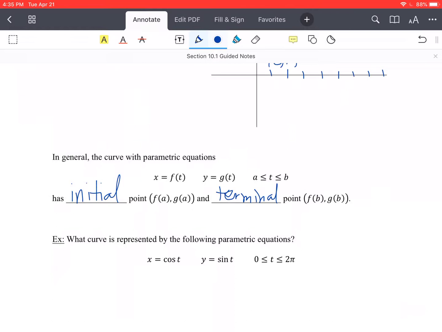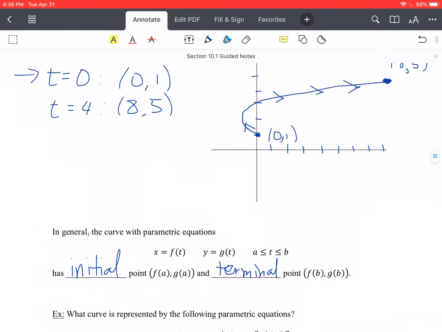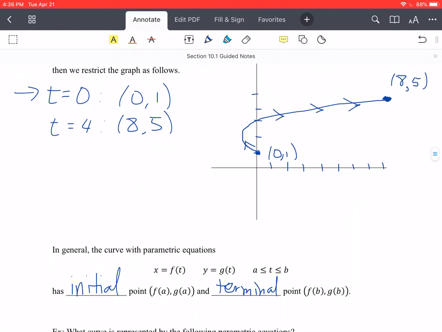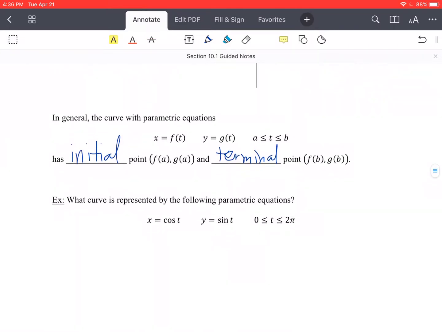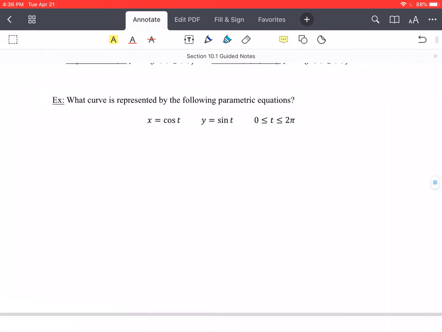Okay, so initial point is where it starts, terminal point is where it ends. So in the previous example here, 0, 1 would be the initial point, and 8, 5 would be the terminal point. Okay, so if we put that restriction on, then we're just cutting it off at a certain point here. Okay, let's look at the next example.